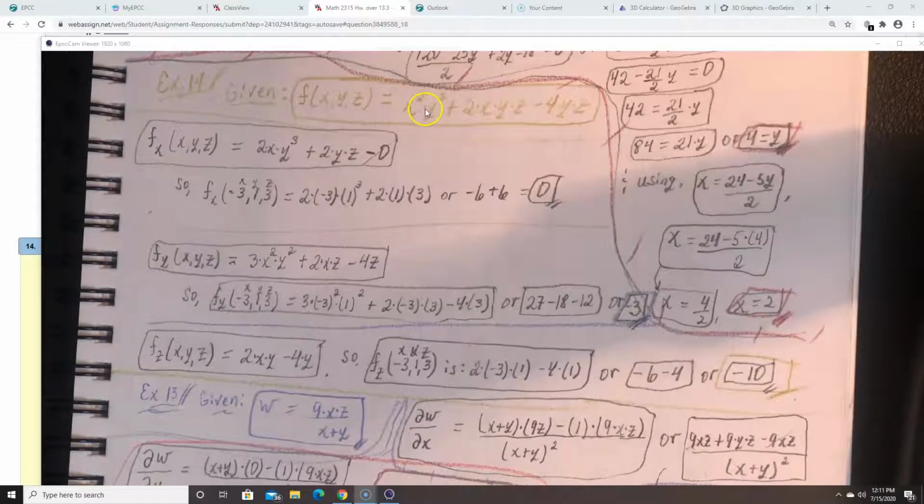We can't just change it to 125 or to 5 cubed. So the derivative of this term with respect to x is 2x to the first power times y cubed. Right here. 2x y cubed.